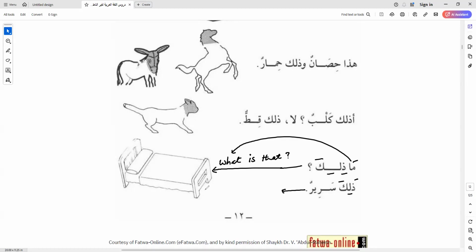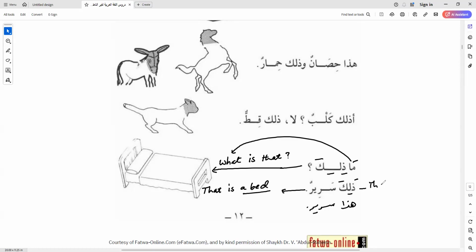ذلك سرير. That is a سرير. A سرير is a bed. Right? So look at the difference. هذا, if you say هذا سرير, this is a bed. So you can see the difference.